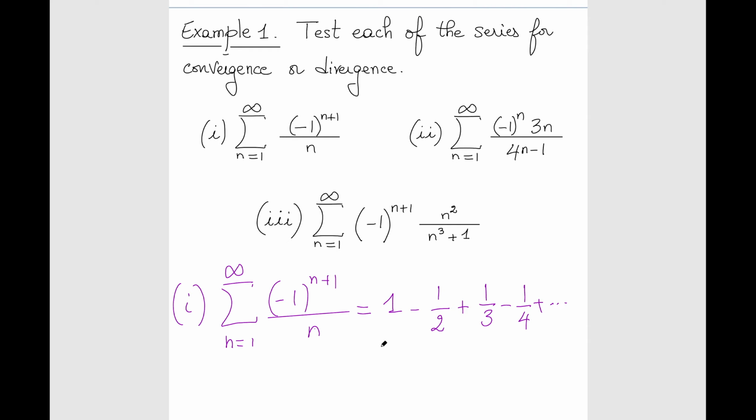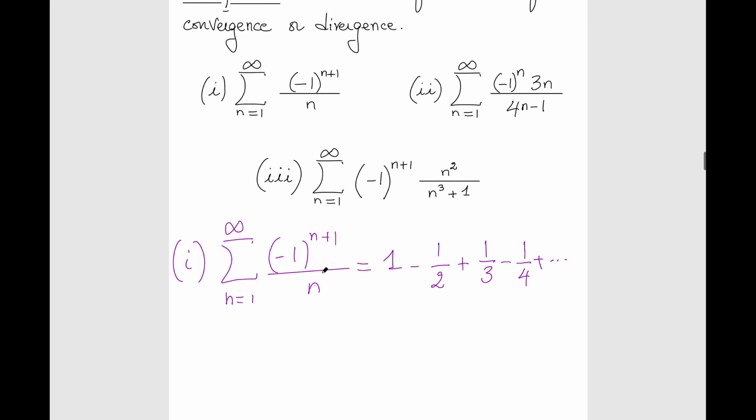So what can you say about the a_n here? The a_n is 1 over n. Certainly the sequence 1 over n is decreasing, because a_n is greater than or equal to 1 over n plus 1. It's certainly bigger, but what's bigger is also bigger than or equal, and this is for all n.